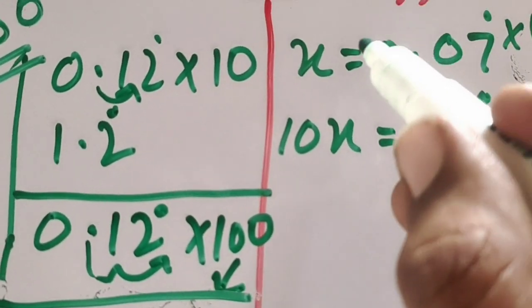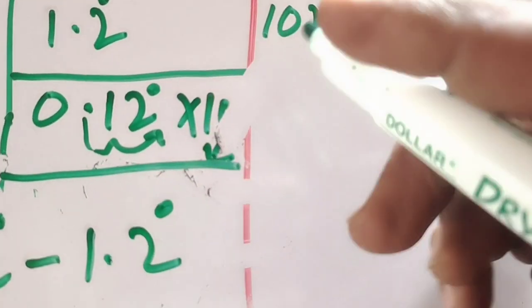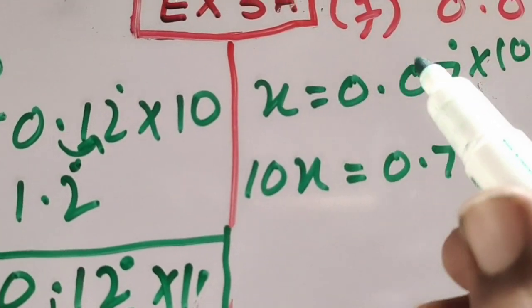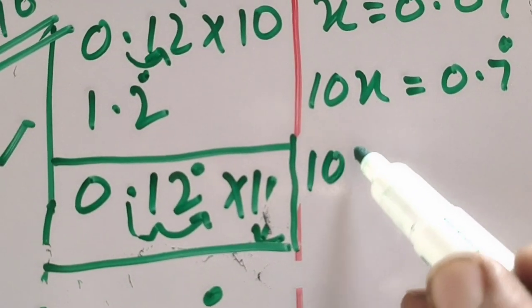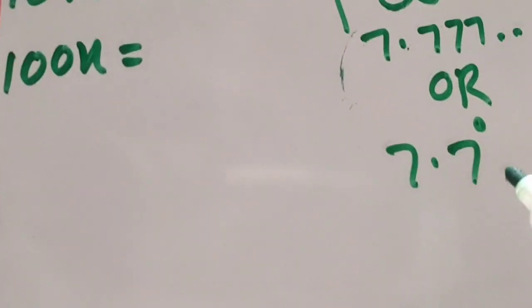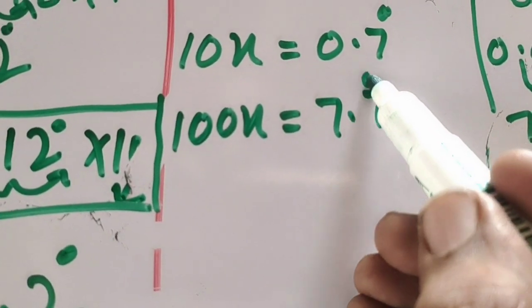So now we are multiplying our equation with 100. When you multiply with 100 on both sides, it becomes 100x is equal to, when 0.7 dot is multiplied by 100, it gives you 7.7 dot.